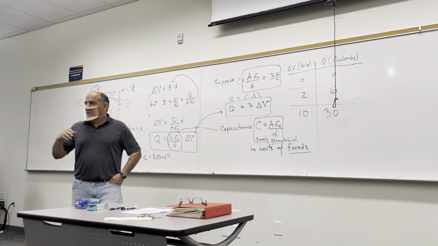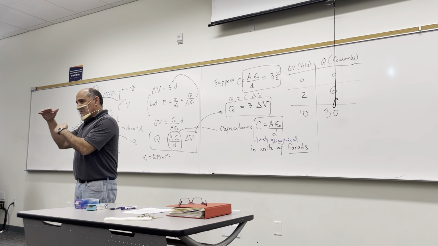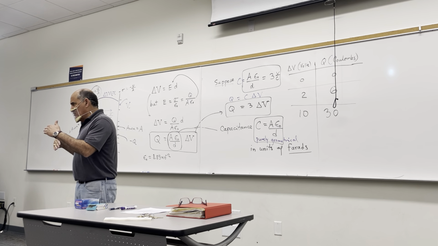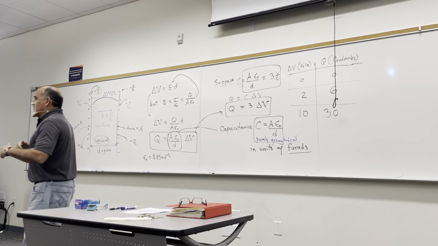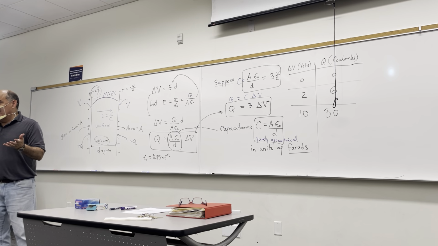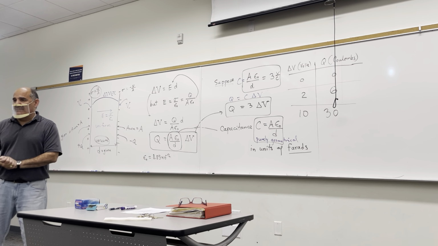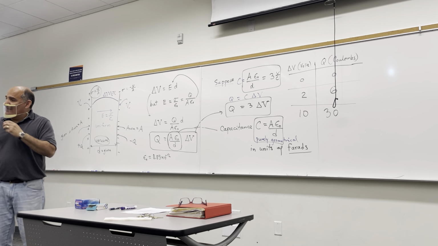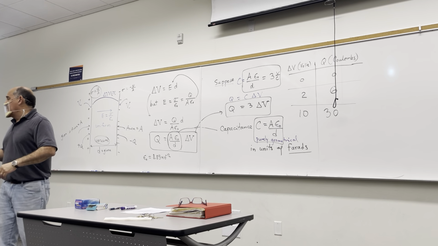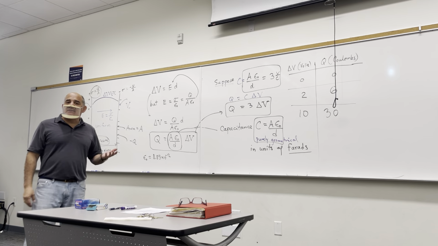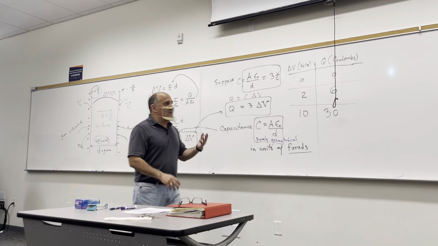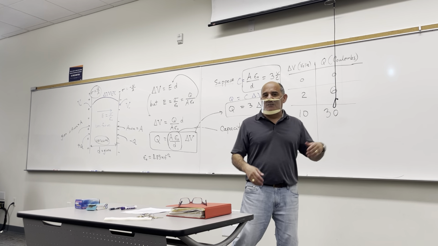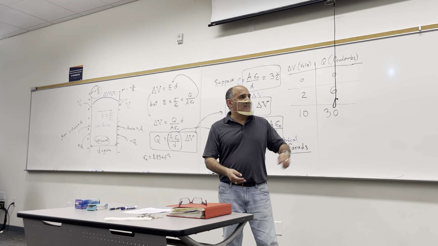In the MCAT, they give you a passage with some information, and then they ask you questions. In a previous MCAT exam, there was a passage on capacitors. They said it's two conductors separated by an insulator. If the magnitude of the charge on either plate is Q and the potential difference between them is delta V, the capacitance is given by that.